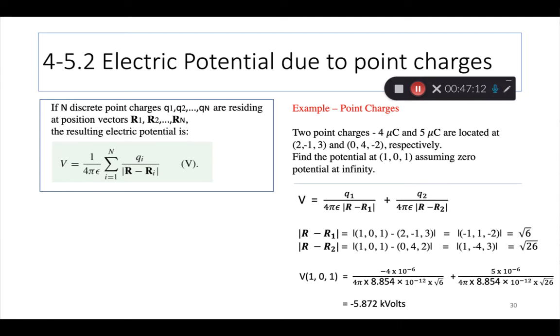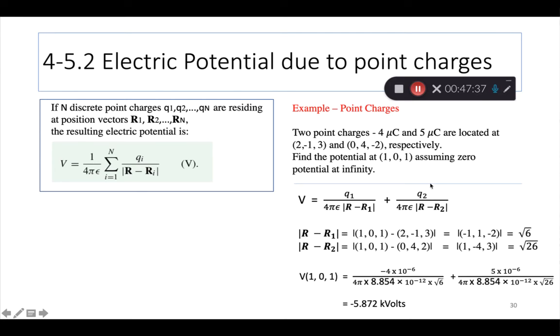All right, so now if you have multiple point charges q1 and q2, then what is the resulting electric potential due to these multiple points? It's the same formula that we have seen before, but here we are talking voltage, not field intensity E. So the formula has the same form, and I have a little example problem here.